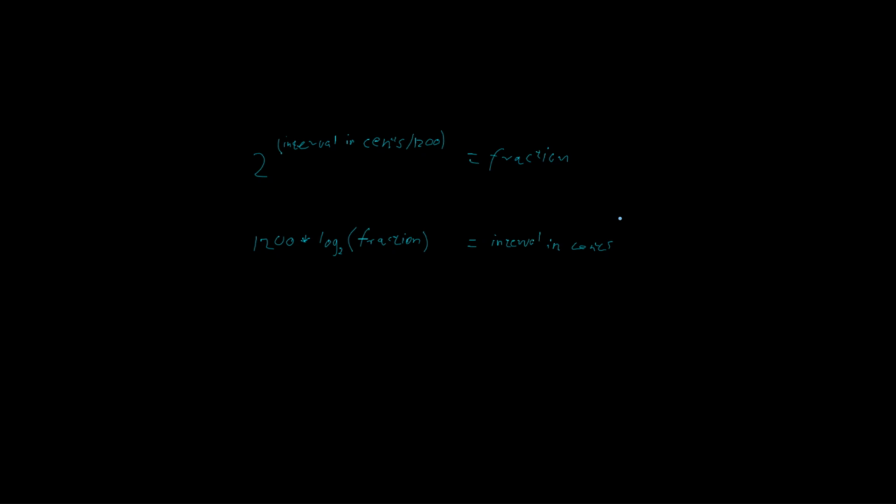I think this is a really handy tool to know. I've noticed a lot of people seem to be unsure how to convert between fractions and cents, especially how if you have a number of cents to be able to approximate that with a fraction. So hopefully this is helpful in building your own microtonal scales and understanding equal temperaments and how they approximate just intonation a little better. And also how you can see how more complex ratios in just intonation fall close to simpler ratios in just intonation, and how you can convert those to cents and compare them really easily.